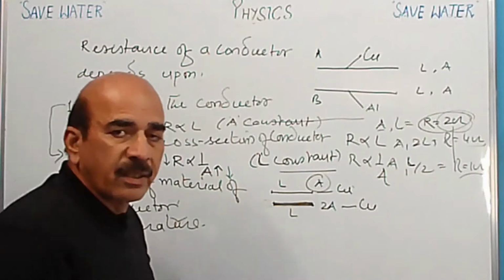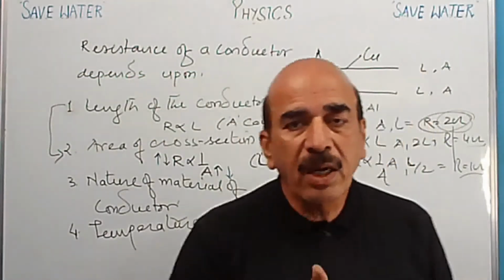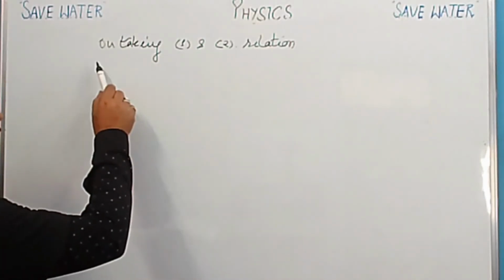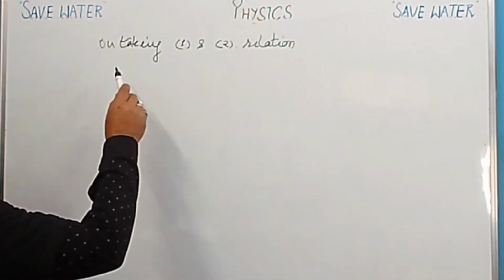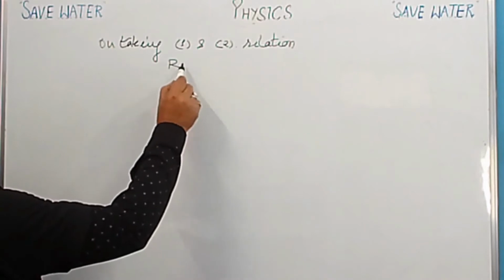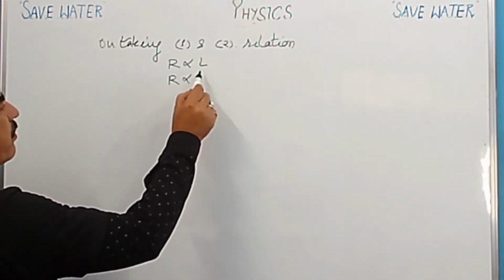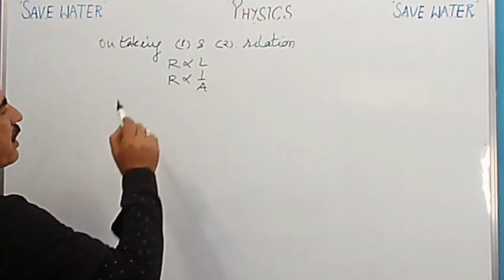Done? Now I'm going to rub it. So now, taking the first and second relation: the first relation was R directly proportional to L, and the second relation is R inversely proportional to area of cross section.